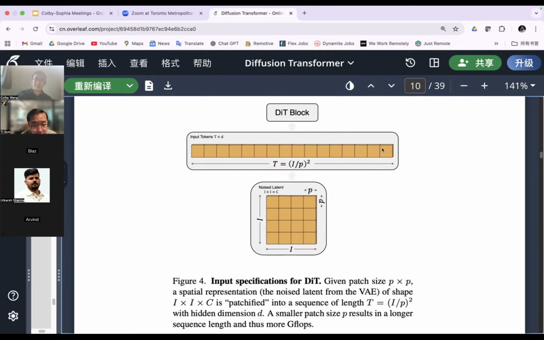So it's basically a transformer with patches instead of actual word tokens.